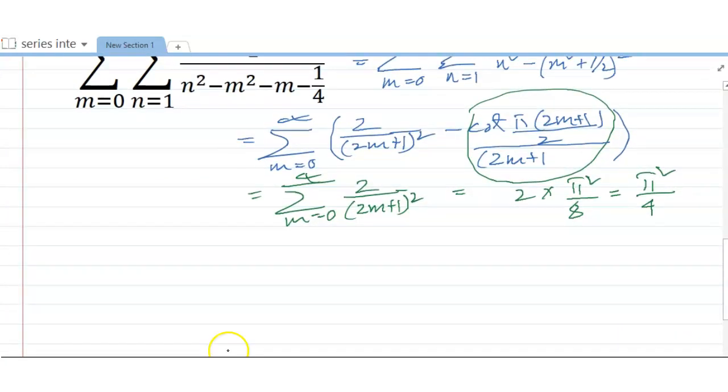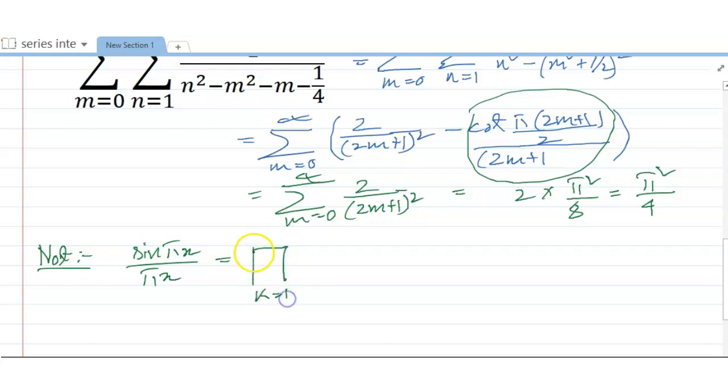After that, friends, I note sin pi x by pi x. Sin pi x by pi x is equal to the Euler product. I apply this formula, the product from k equals 1 to infinity of 1 minus x square by k square.